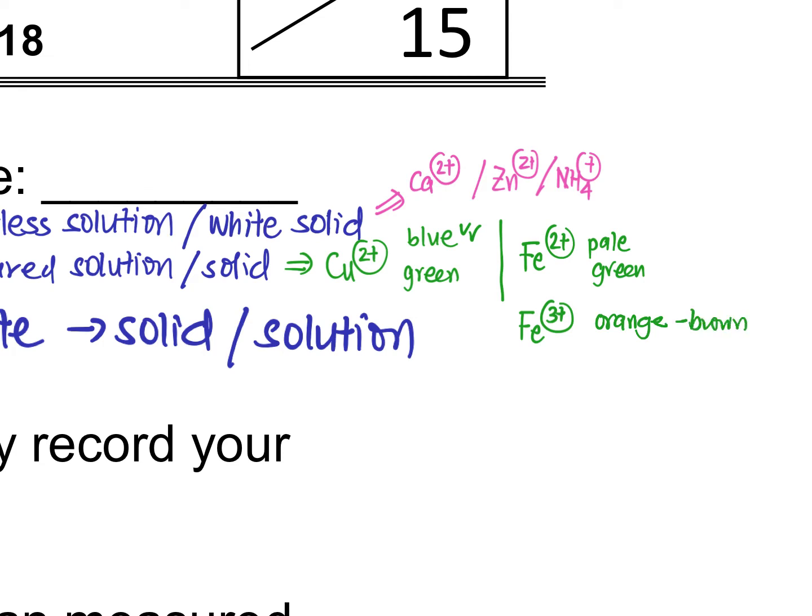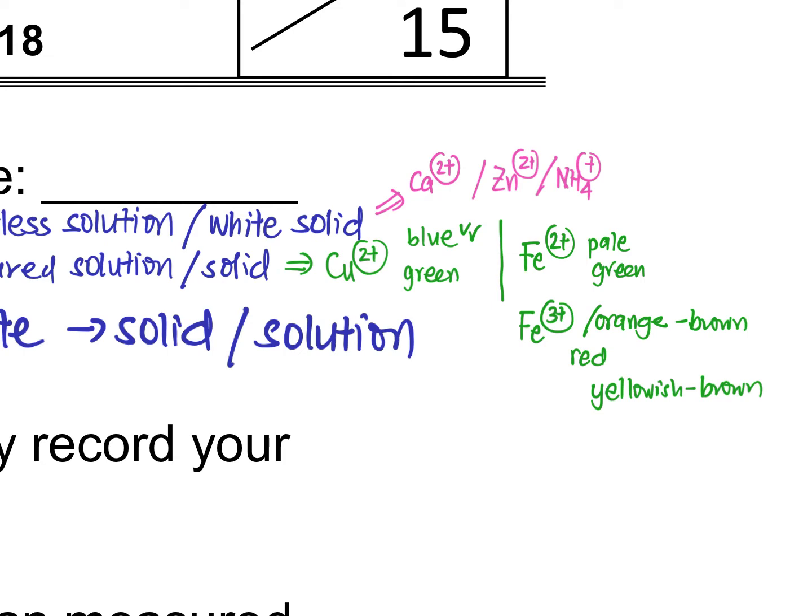Reddish brown, not so common. If not, I can put down red brown or orange brown. Alternatively, it can be yellowish brown, a slightly darker shade. So actually quite easy for you to differentiate between your Fe2+ and Fe3+.